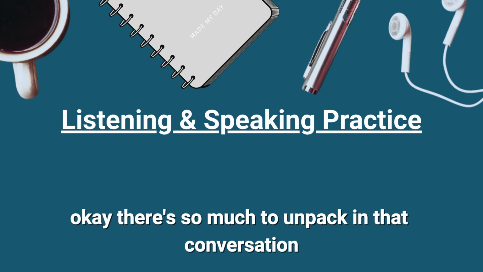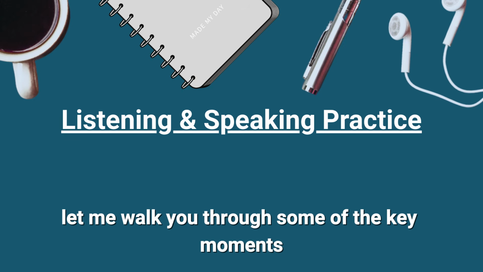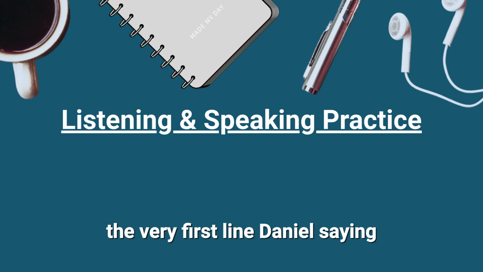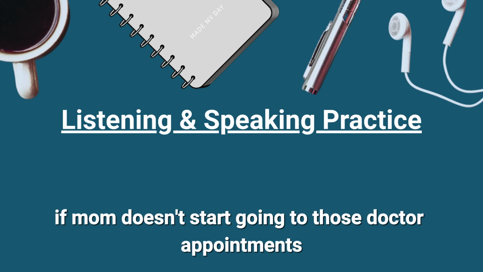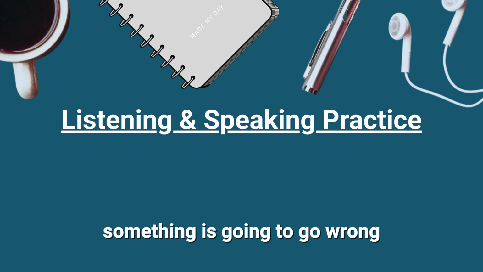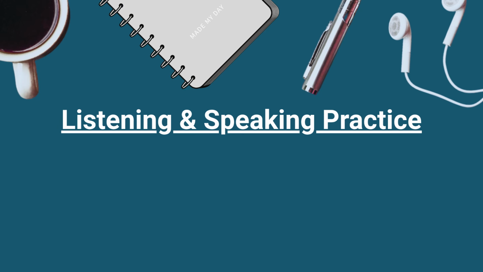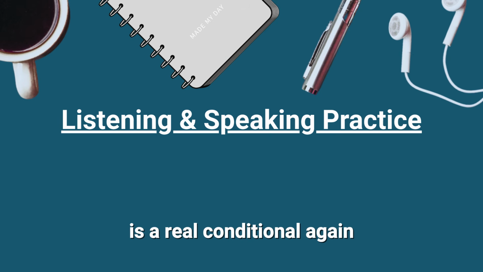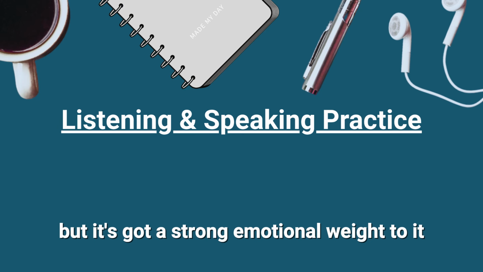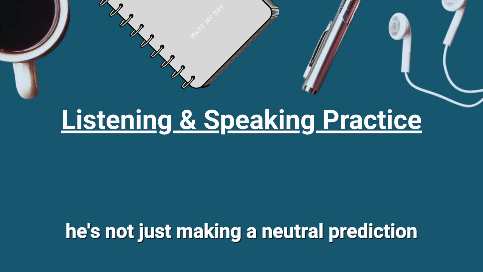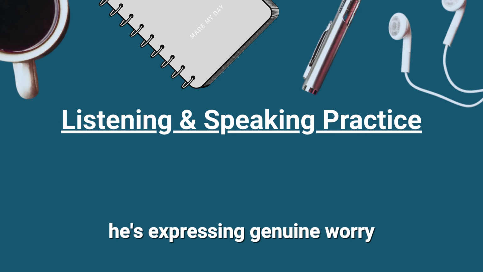Okay, there's so much to unpack in that conversation. Let me walk you through some of the key moments. The very first line, Daniel saying, "If Mom doesn't start going to those doctor appointments, something is going to go wrong," is a real conditional again, but it's got a strong emotional weight to it. He's not just making a neutral prediction, he's expressing genuine worry.